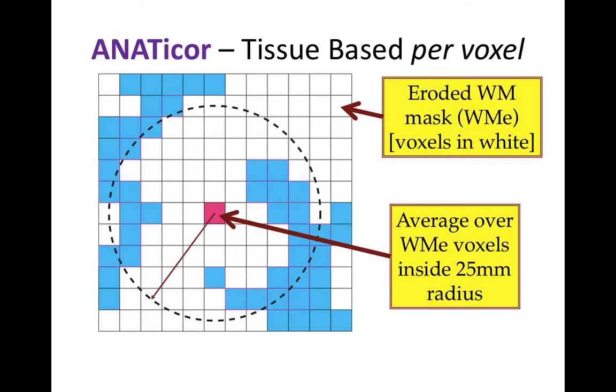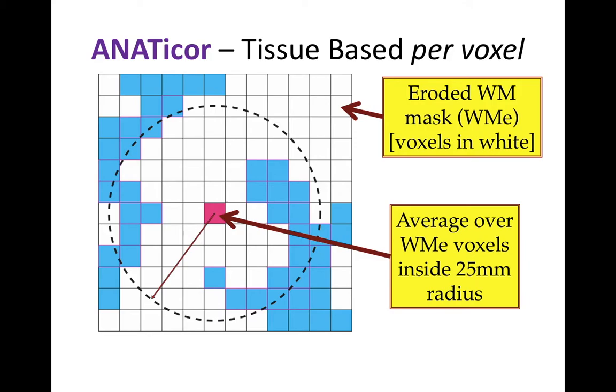And then the voxels in blue are intended to represent gray matter. The voxel in the center, say, we want a regressor of no interest for that. Instead of averaging over all the white matter or taking a few components over all of it, what we do is we take just an average over a region just around that voxel, the one in red.